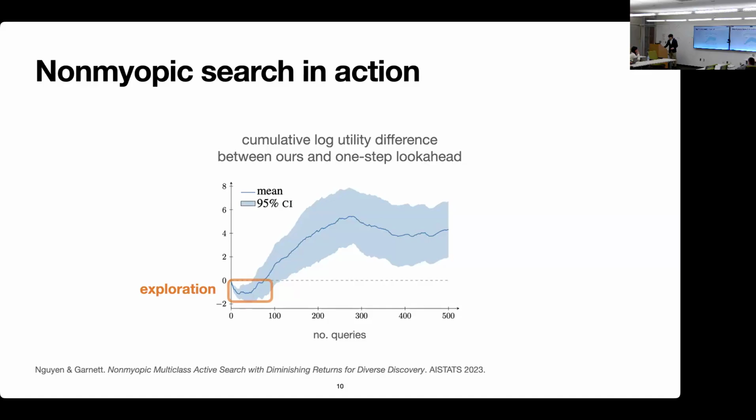But as time goes on, it will smoothly transition to a more exploitative behavior and ultimately outperforms the one-step policy. And this exploration-exploitation trade-off that is crucial in any decision-making task is automatically achieved with this non-myopia that we worked into the policy.